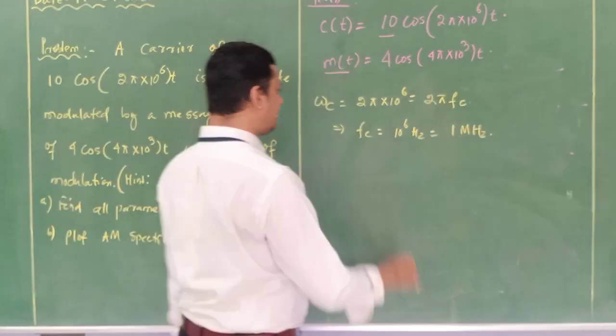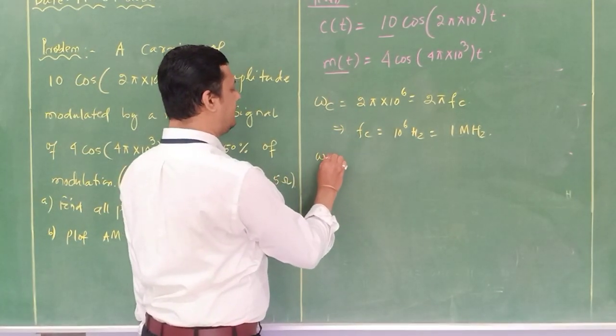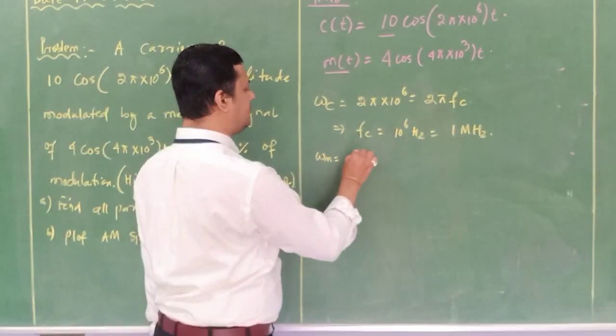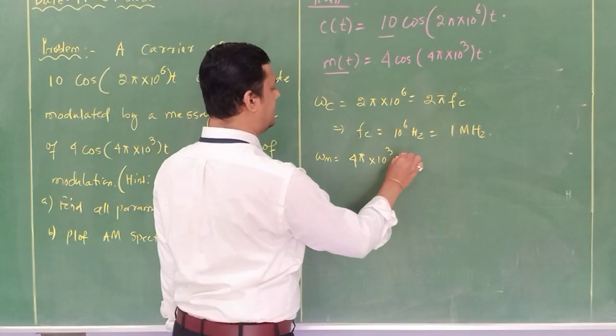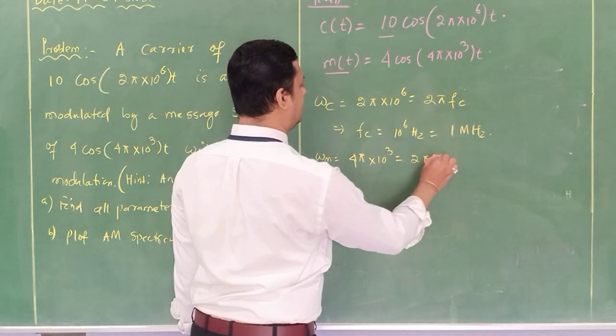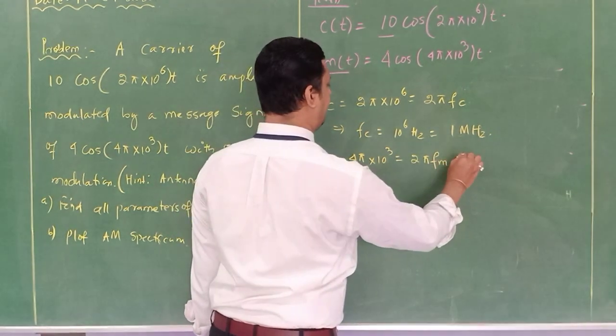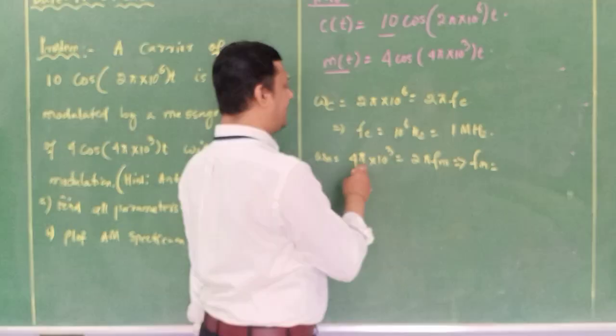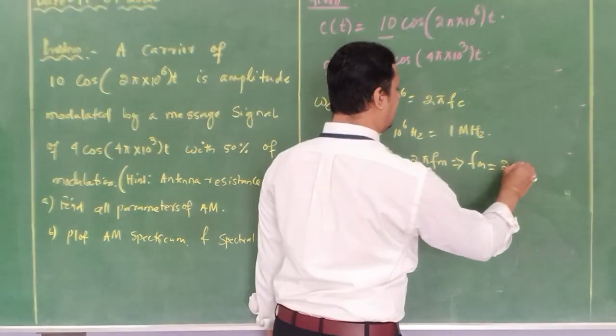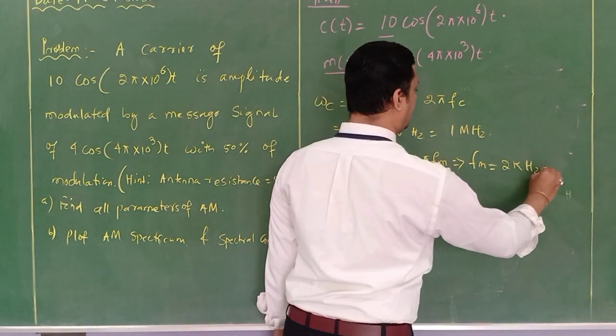Okay. Similarly, omega m is equal to 4 pi into 10 to the power 3 is equal to 2 pi fm. Okay, so fm is equal to how much? This 2 pi will cancel out, it will become 2 kilohertz.